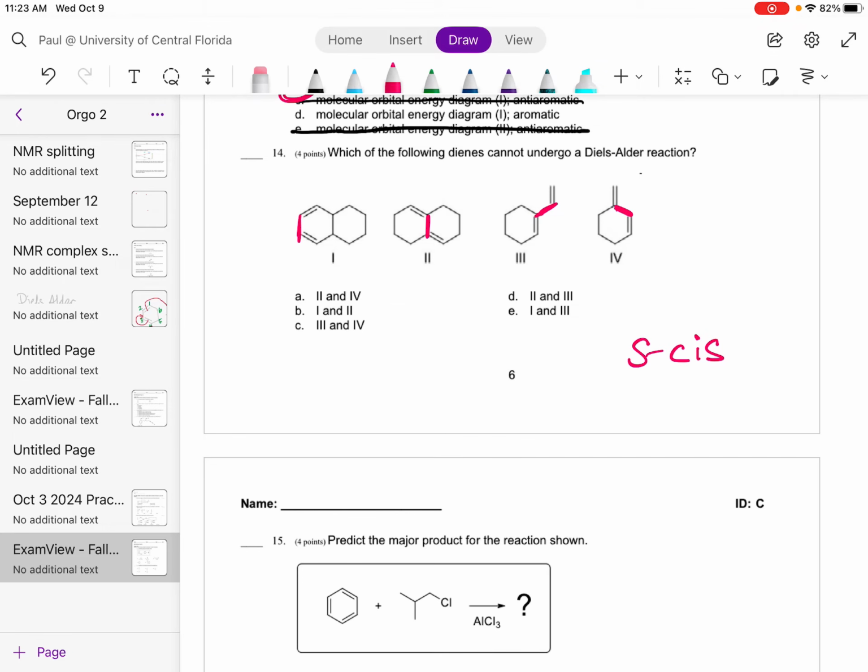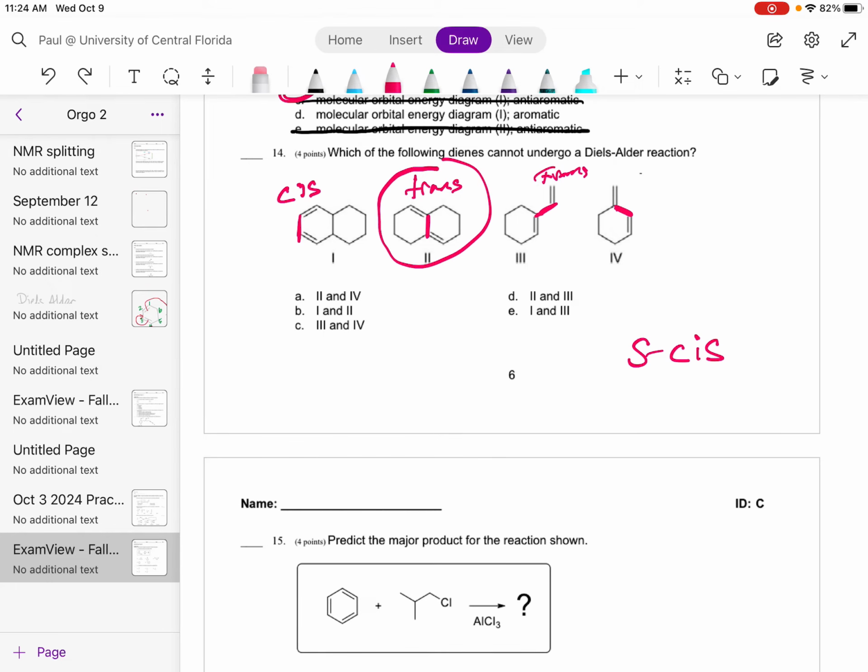So this molecule 1, that is S-cis. Molecule 2 is in the trans, and that trans conformation is locked into place because it's within the ring system. This one right here is S-trans, but there's free bond rotation around that single bond that's highlighted in red.